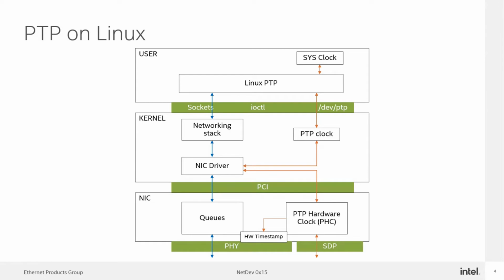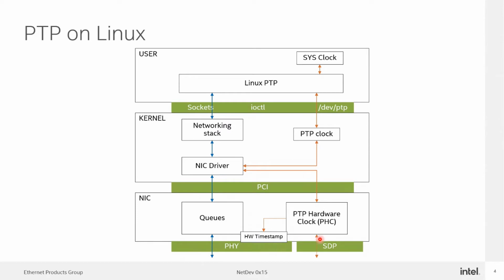So let's start with the PTP stack, how PTP works on Linux. Let's start at the bottom, at the hardware level. So this is our network adapter. In it, we obviously have the queues that are used for transmitting the packets.